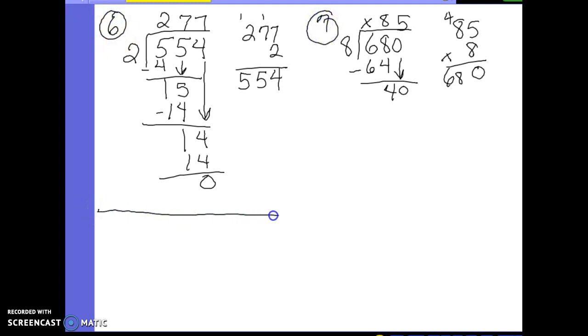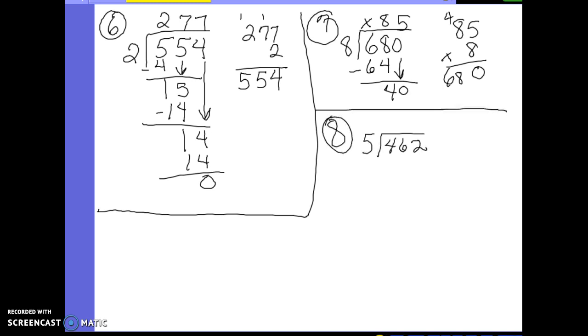Okay, if I'm organizing this on a piece of paper, I might put a line there. Okay, so next I have number 8. Number 8 is 462 divided by 5. Can we regroup 4 among 5? No. How many 5s in 46? 9. And 9 times 5 is? 45. If I subtract that, I'm going to get 1.